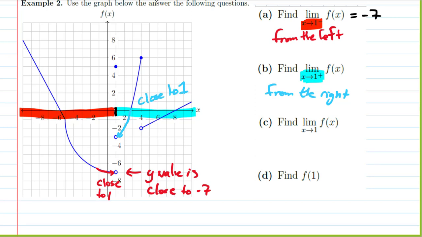What is my y value getting close to? Well, this time it's getting close to -3. So then my limit as I approach 1 from the right is going to be -3.